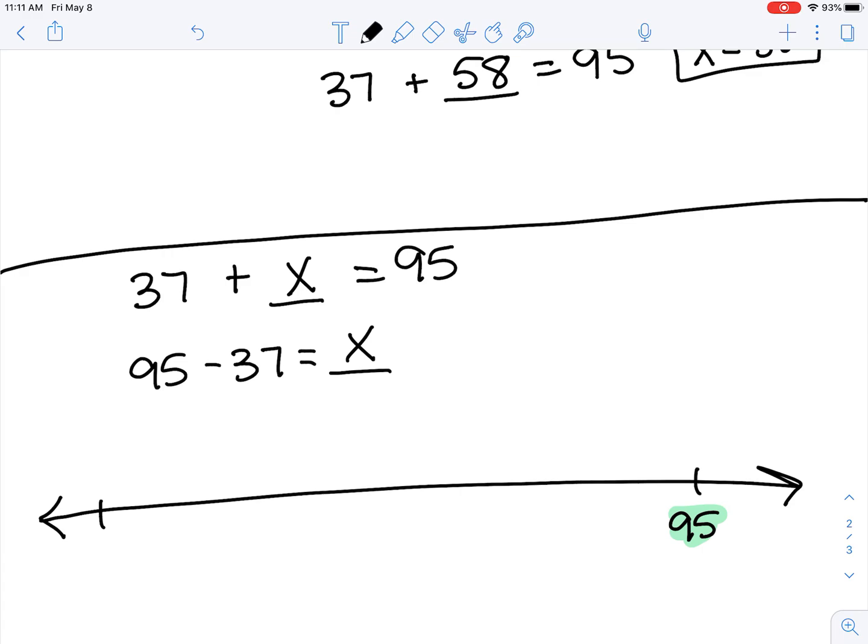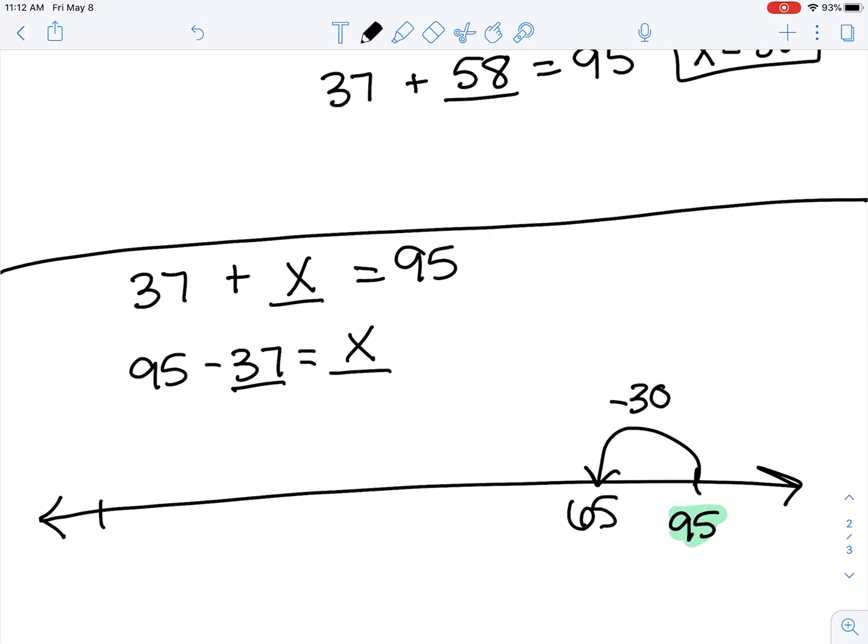So I'm going to start at 95 over here on the right, and I'm going to jump backwards and subtract 37 from 95. So first, I'm going to just subtract 30, and we'll notice my number should be getting smaller now. 95 take away 30 is 65.